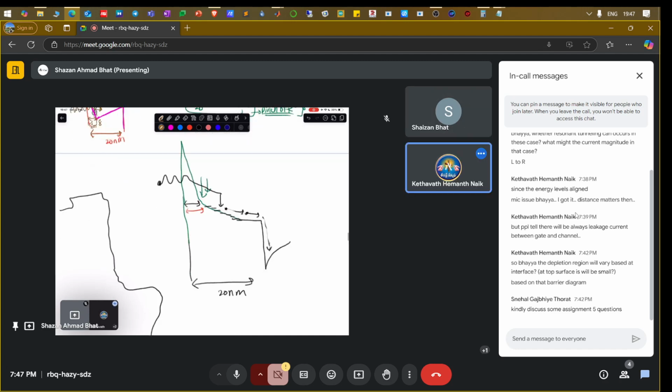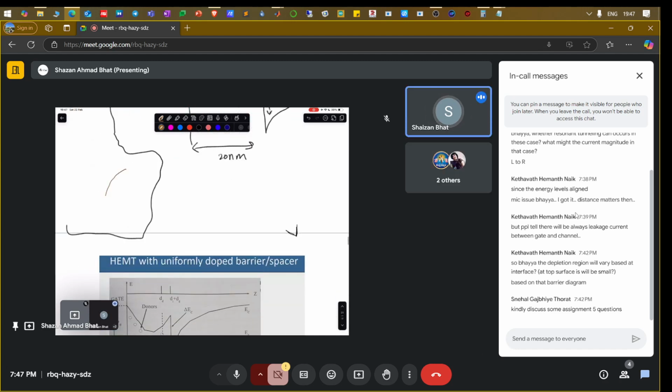So that is what happens in this particular region, also this particular region where you have the sheet charge. So this depletion, or this width where the sheet charge is present, is very small, considering the bulk region is huge.